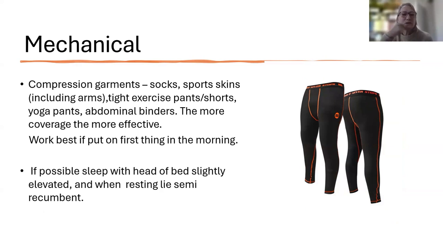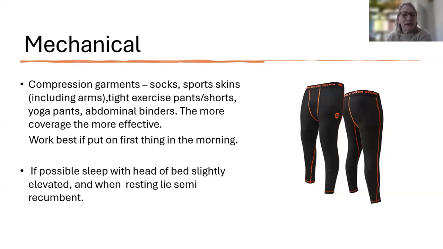Probably the most effective way of doing that is wearing compression garments. The more skin you cover, the more effective that will be. They work best if they're put on first thing in the morning. And yeah, they can be really helpful in terms of increasing the blood circulation.